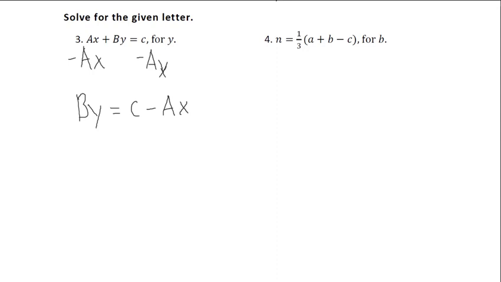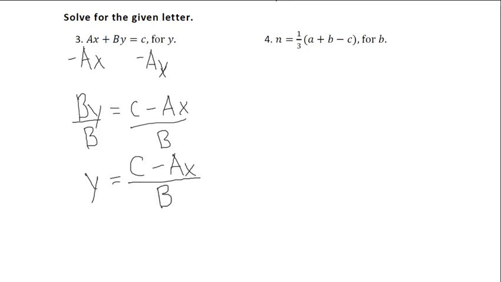And we have this B here attached to the Y, so we're going to divide by B and divide by B. So we have Y equals capital C minus capital AX over capital B. You could also, if you chose to divide it individually, write C over B minus A over B times X, or the X could be on top. Either one is an acceptable answer.